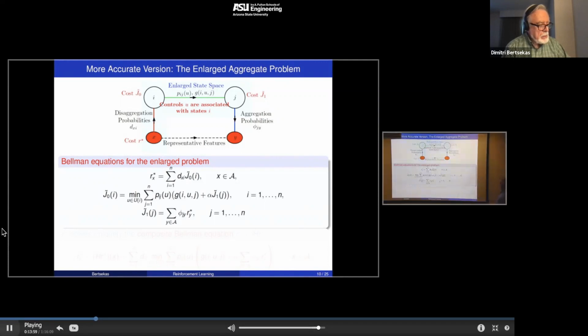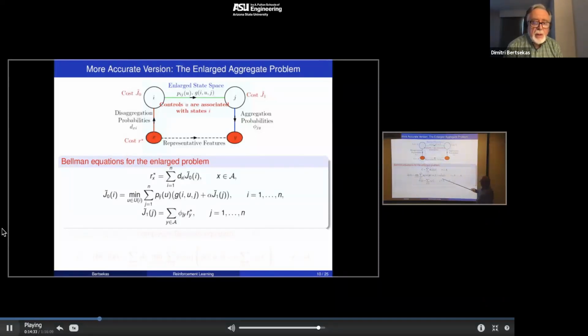Okay, so now I have an enlarged problem. I have, of course, the full transition mechanism through the aggregation and disaggregation probabilities, and the transition probabilities of the original problem. And I have Bellman equations. There's one Bellman equation for this cost, another for this cost, and another for this cost. The first one is this one, right? It's the expected value of J tilde 0 weighted with the disaggregation probabilities.